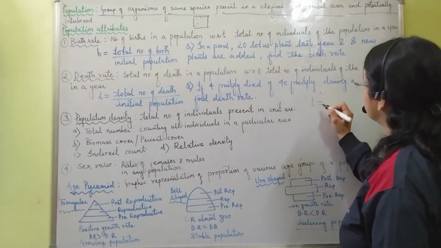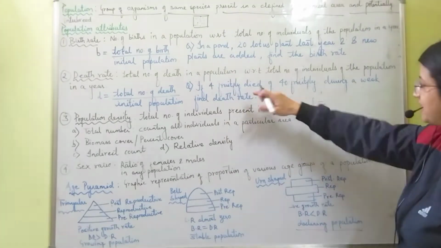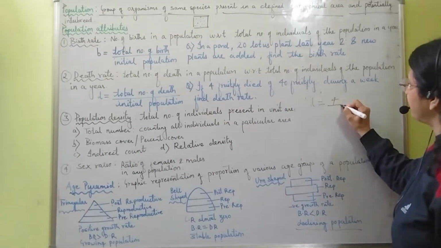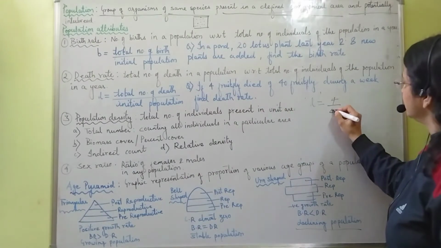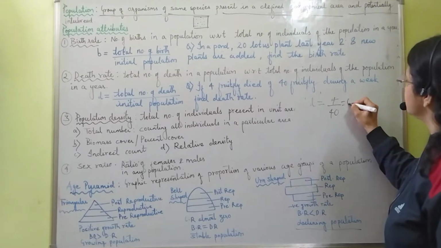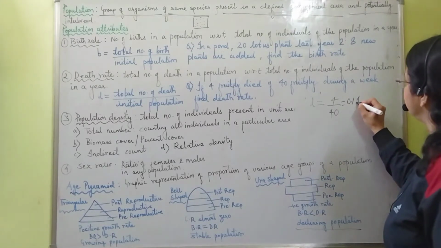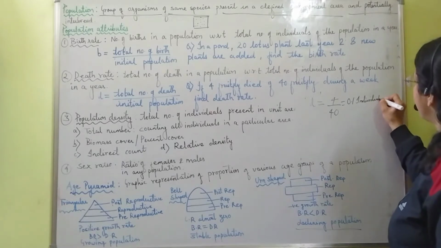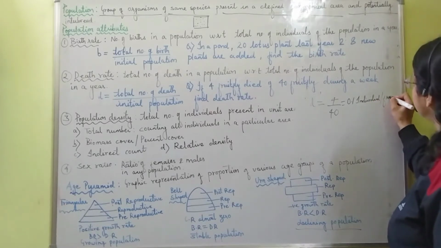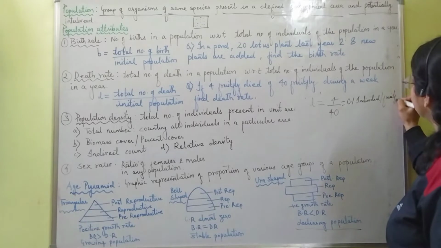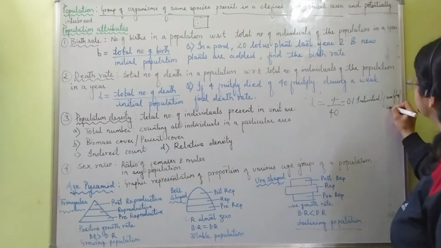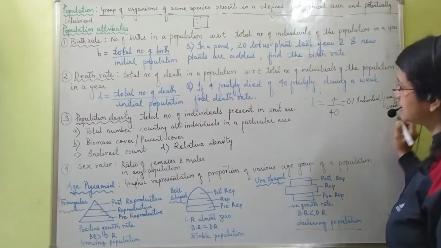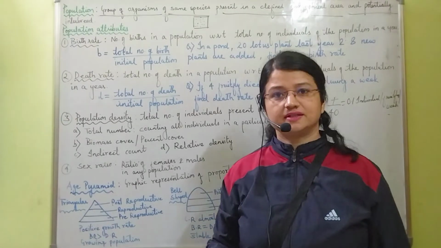Death rate is equal to the total number of deaths, that is 4, divided by 40. So the answer will be 0.1 individuals per fruit fly per week. Clear? So that is the death rate.